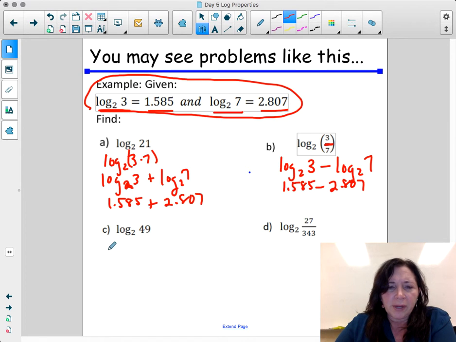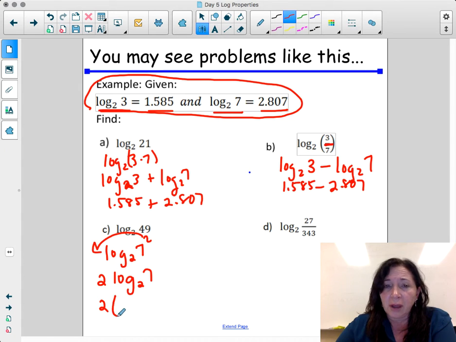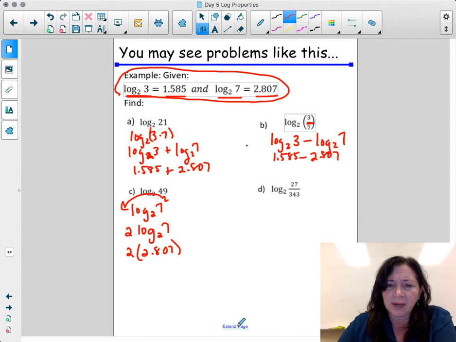Log base 2 of 49 is the same thing as saying log base 2 of 7 to the second power. Using the power rule, I'm going to move that 2 out front. So now I have 2 log base 2 of 7, which is 2 times 2.807. And then you can multiply those out to get the correct answer.